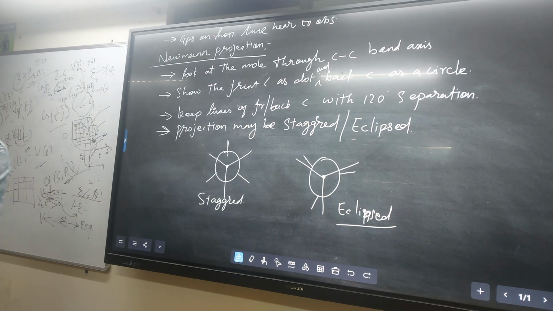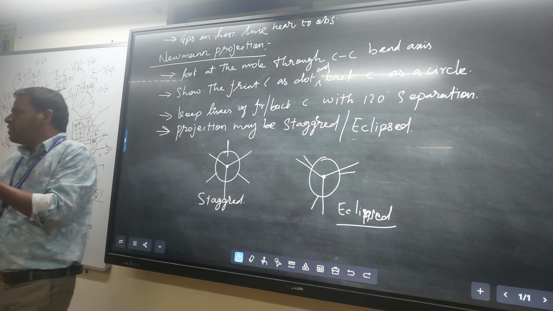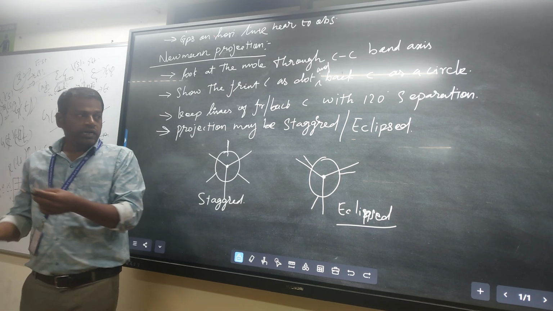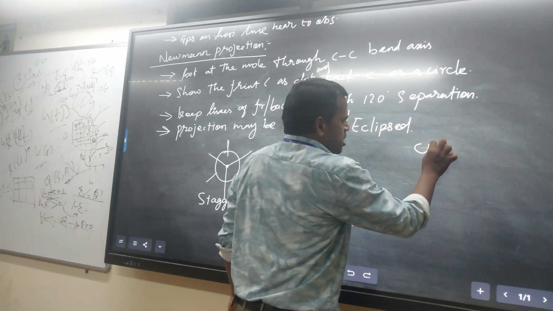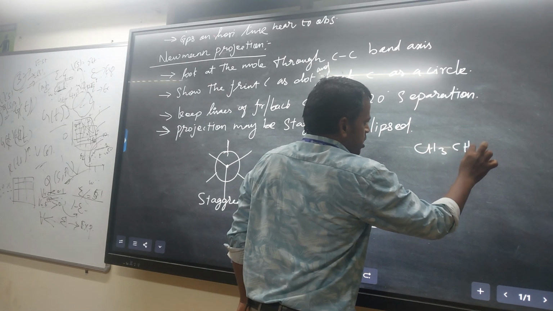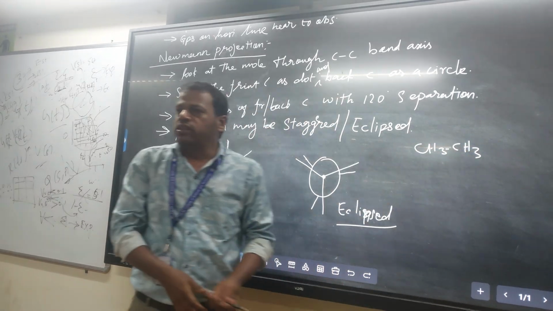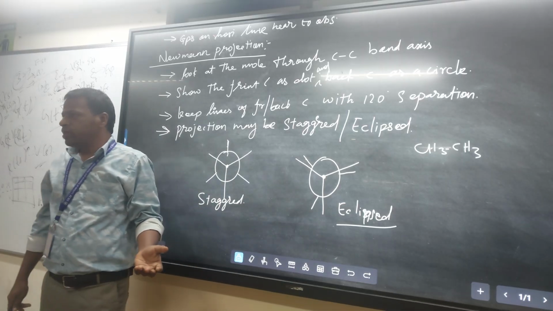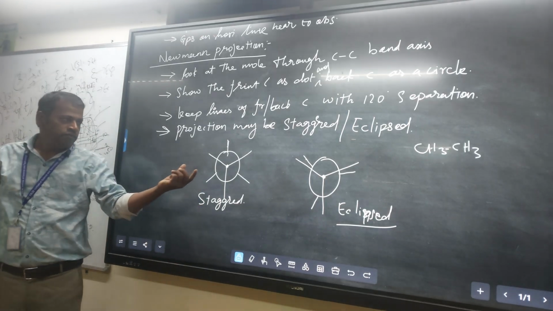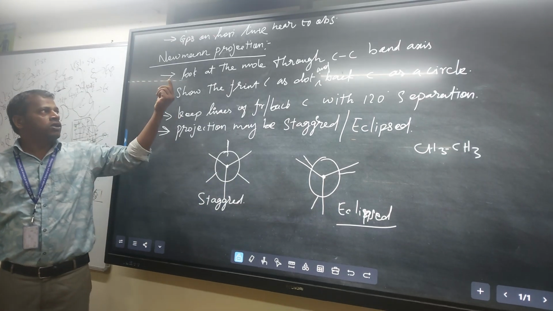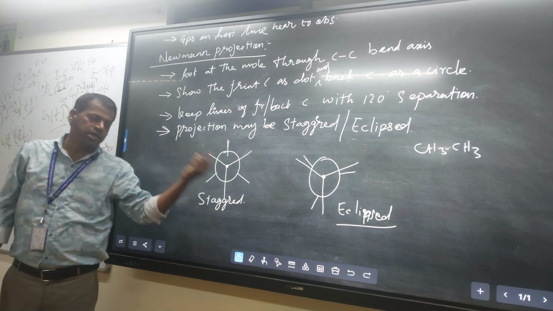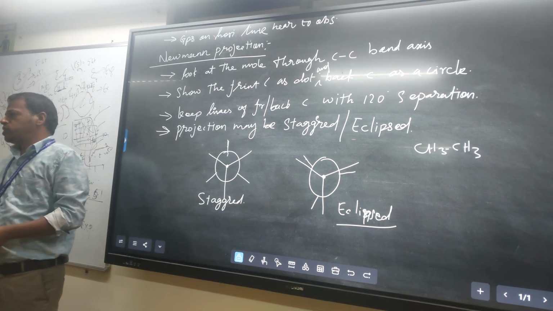Suppose this is one carbon, here another carbon. Methane, ethane. Right? Ethane, that's it. Instead of this, CH3, CH3. This is ethane. This is two-dimensional. In the three-dimensional way, we rely on the Newman projection. This is an ethane molecule.